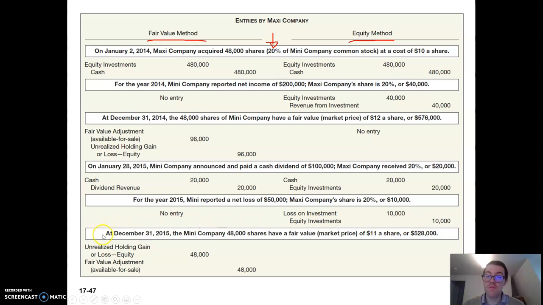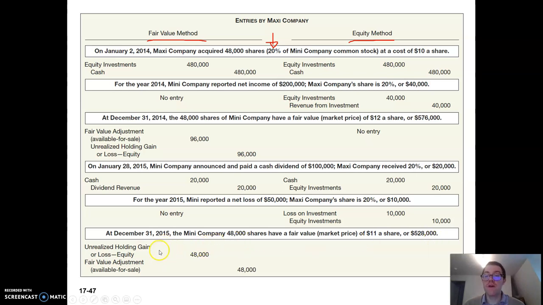Okay, we'll keep going. One more. Here we are again at the end of the year. The fair value of the mini company shares is now $11 a share, or $528,000. So you remember it was $576, and now it's $528. If you do the math, the difference there is $48,000.